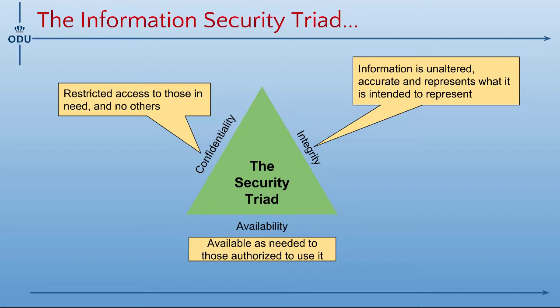The third leg of the triad is availability. And what this simply means is that information and related data needs to be available when it's needed. So the systems and the data behind those systems are to be made available to those that are authorized to use it when they need it, and that is within a timely fashion. So that's the CIA triad as it relates to information security.